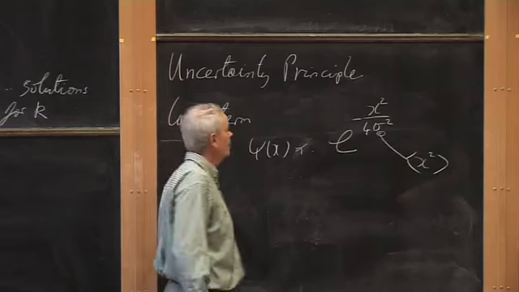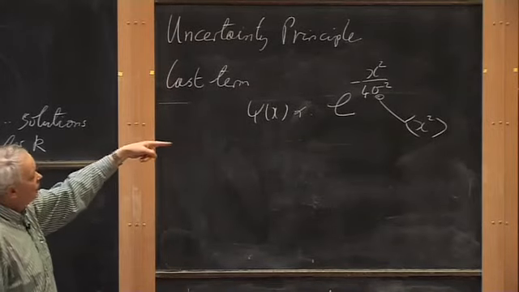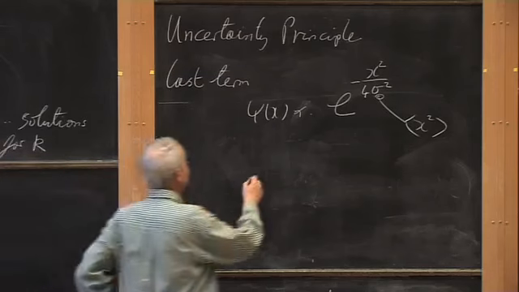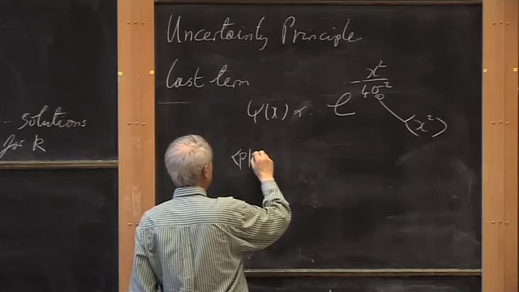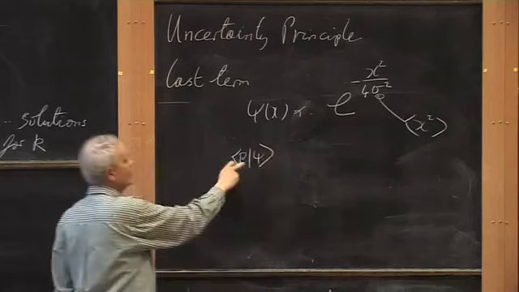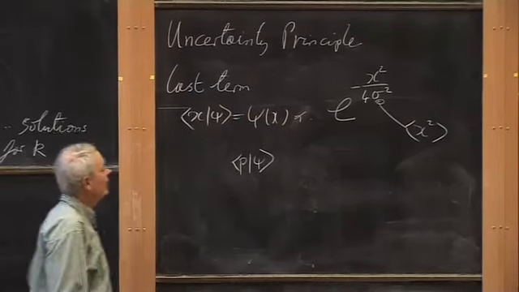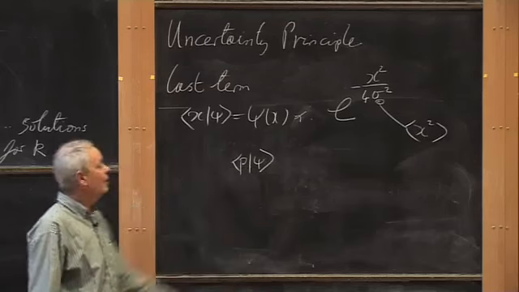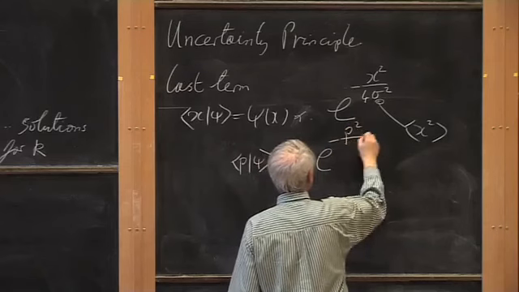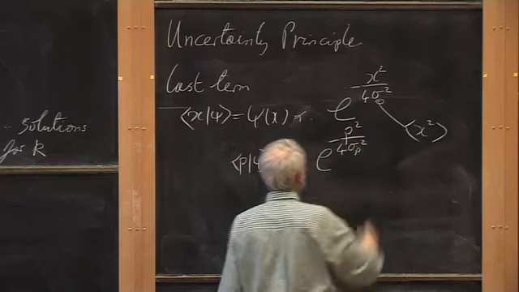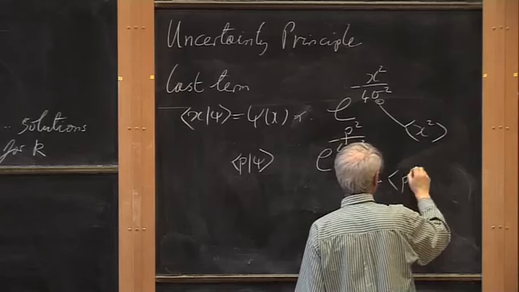And what did we find? We found, fundamentally by doing a Fourier transform, that if that's what the wave function looks like, then the amplitude to get a certain momentum, if you would make a momentum measurement, was looking like e to the minus p squared over 4 sigma p squared, where this thing becomes the expectation value of p squared, so the variance.